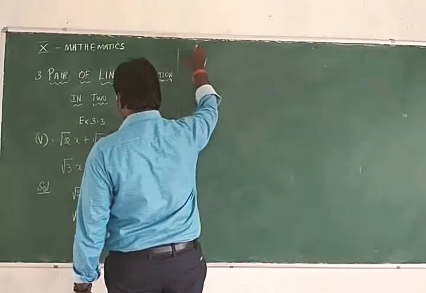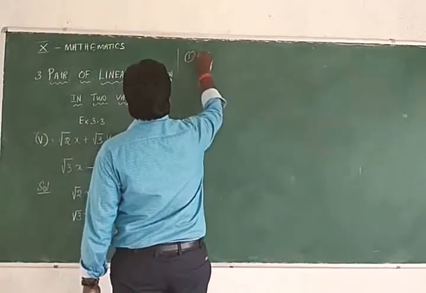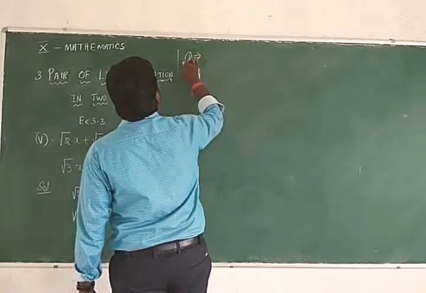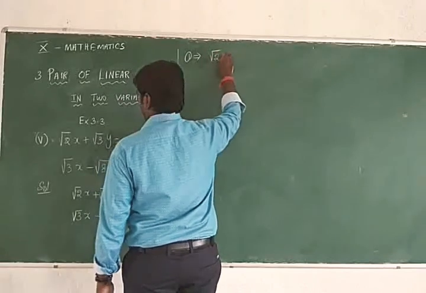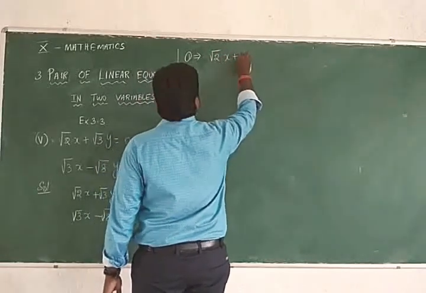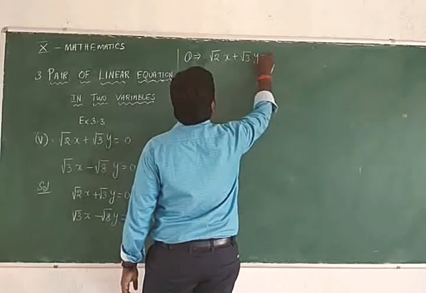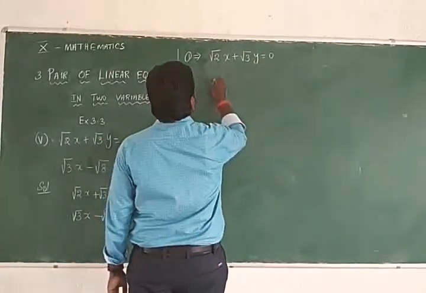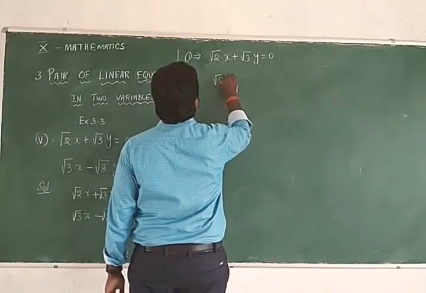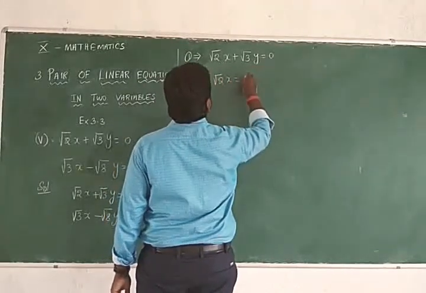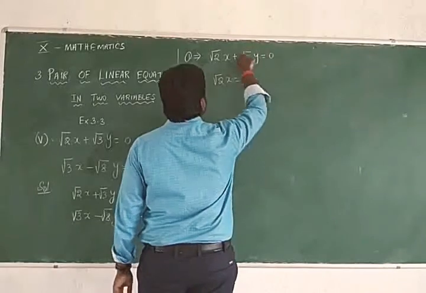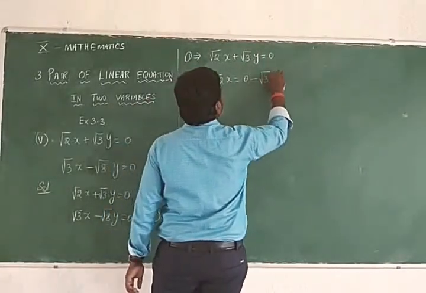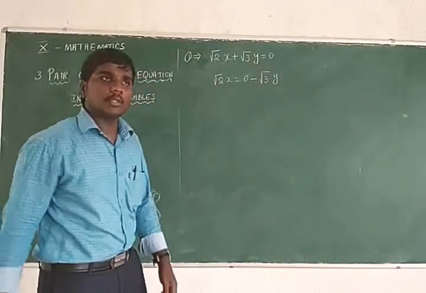First I choose the first equation: square root of 2x plus square root of 3y is equal to 0. Now you find the x value. Square root of 2x is equal to 0 minus square root of 3y.